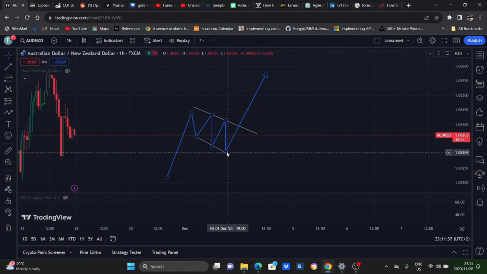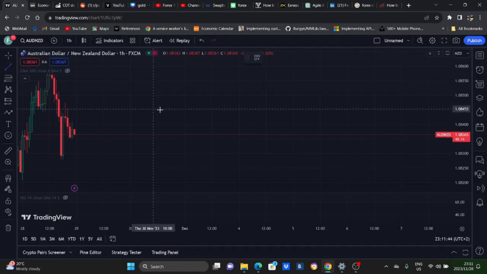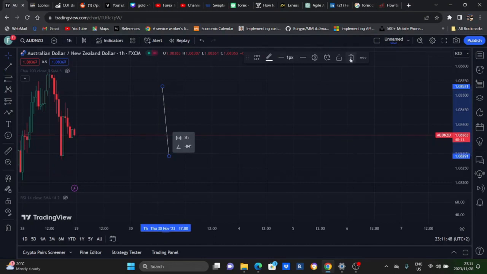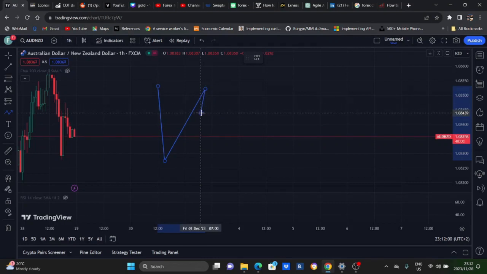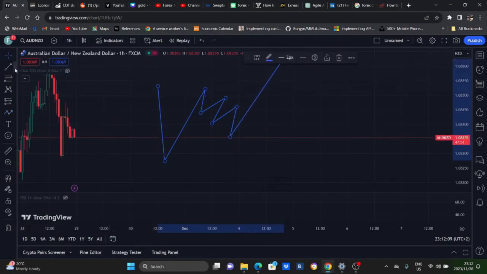Right, so with a continuation flag, let me show how it takes out these traders. I'm gonna draw another thing here. Let's say you have price pushing down and then coming here, and then you have something like this, and then this on a resistance level.